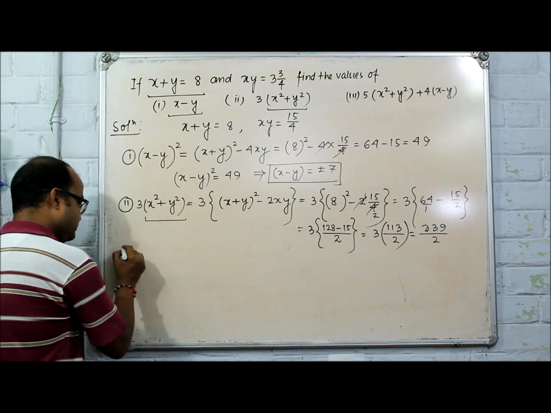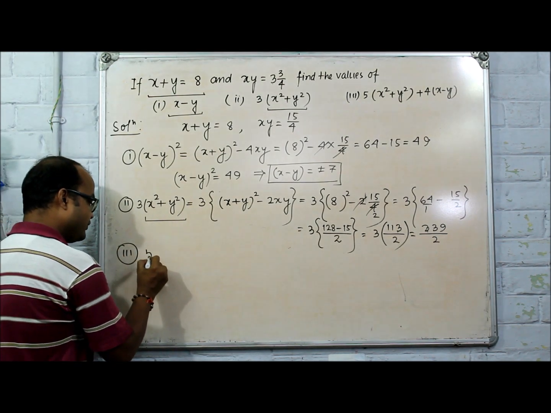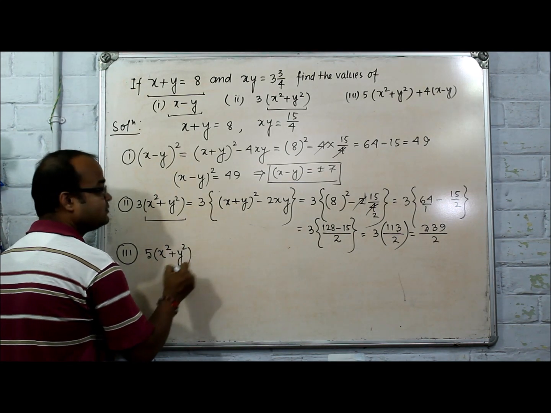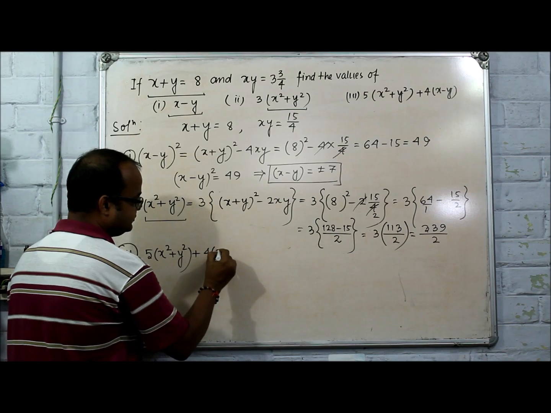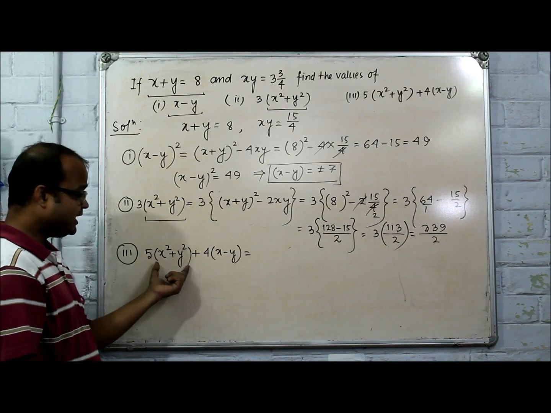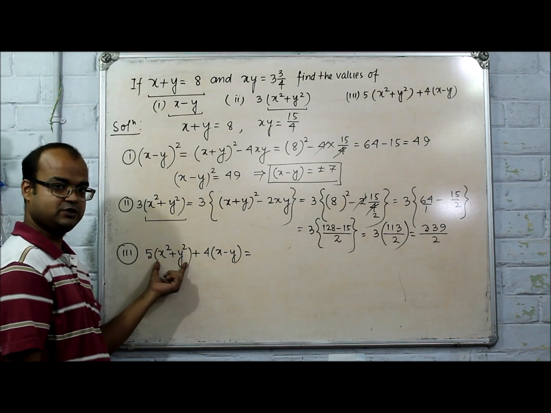Now look, we'll discuss the third part of the problem. We have to find out 5 into x square plus y square plus 4 into x minus y. Again, we are not going to find out the value of x square plus y square.